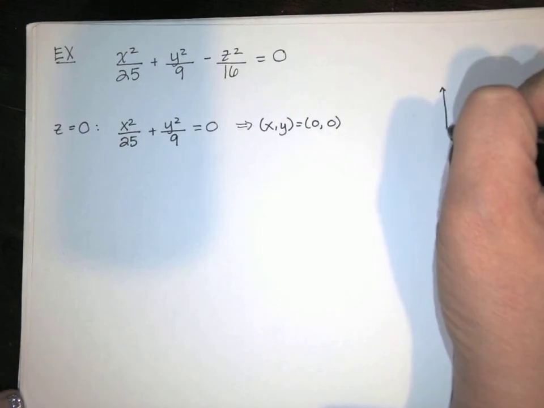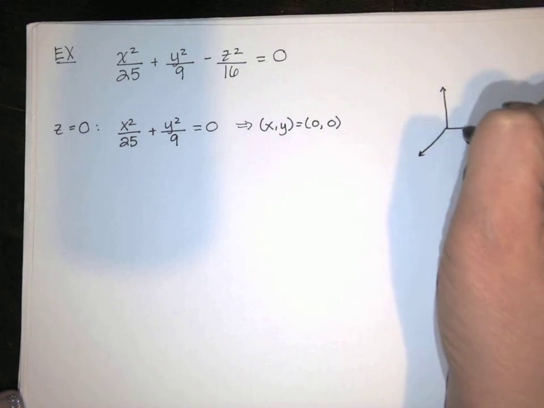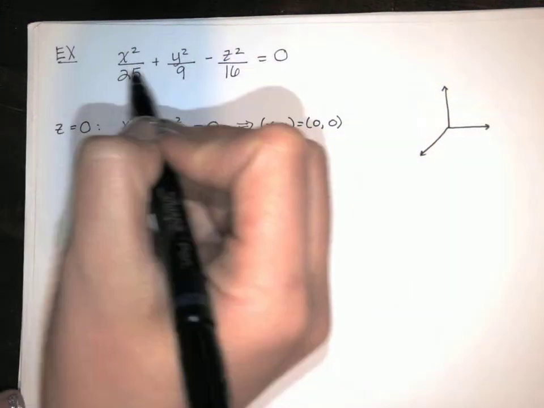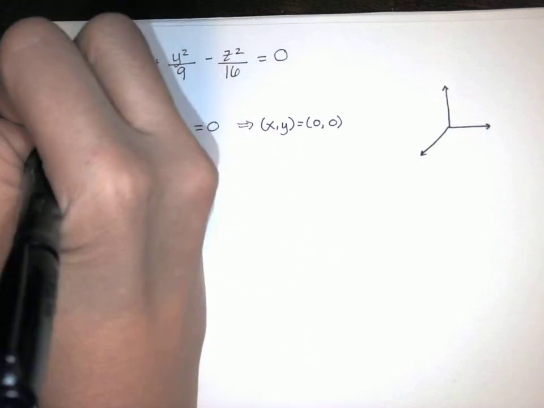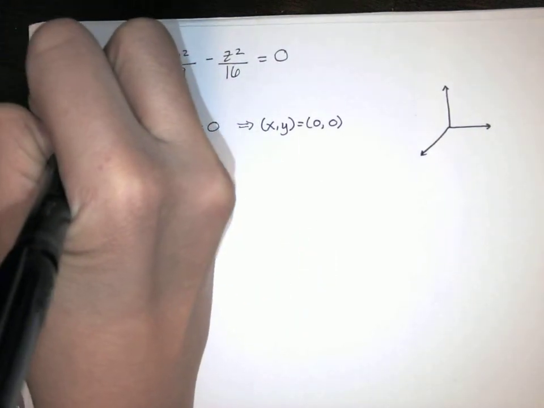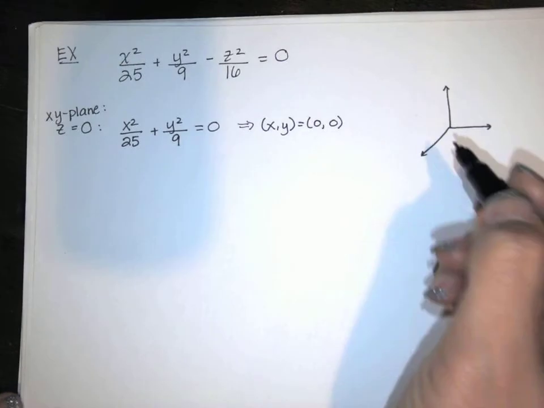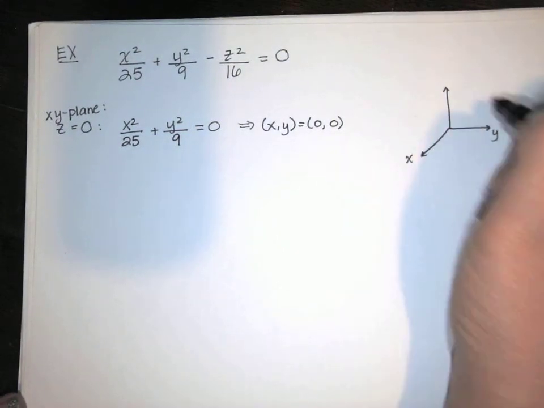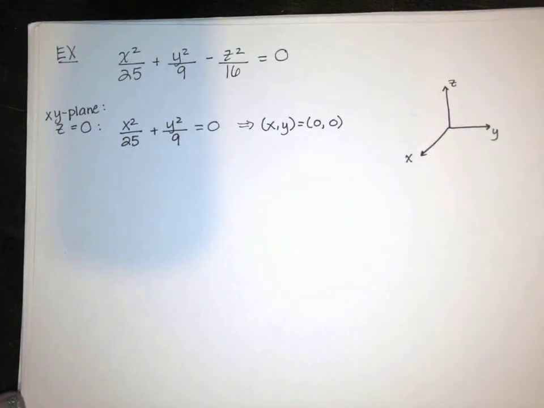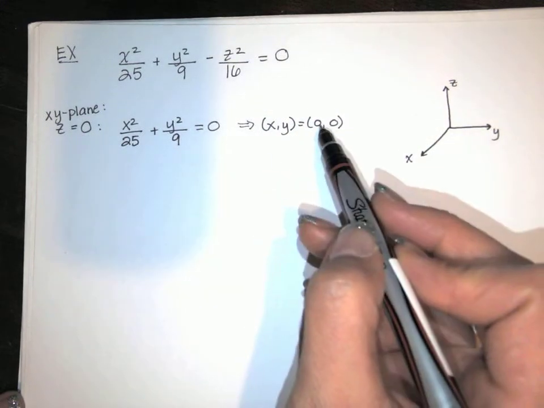So if I'm looking at the trace of this surface in the plane where z equals 0, remember that that's the xy plane. So when we looked at our graphs in class, it's like the floor. Here's the x-axis, here's the y-axis, and there's the z-axis. We just get a single point.